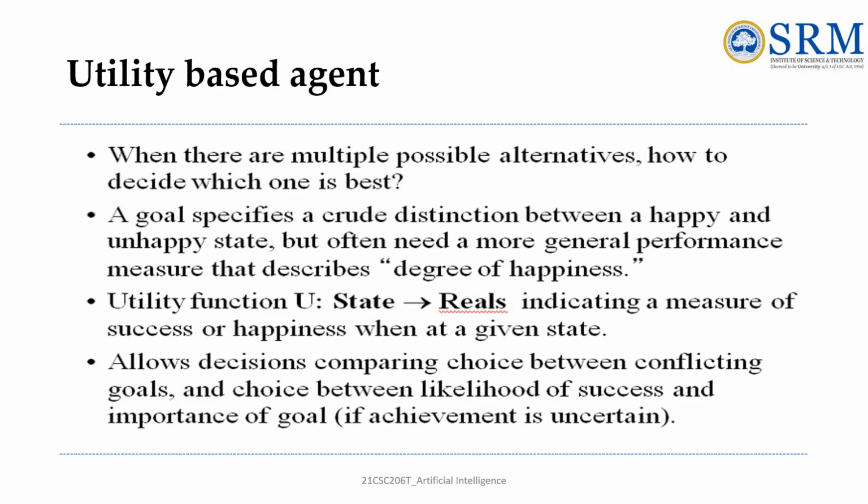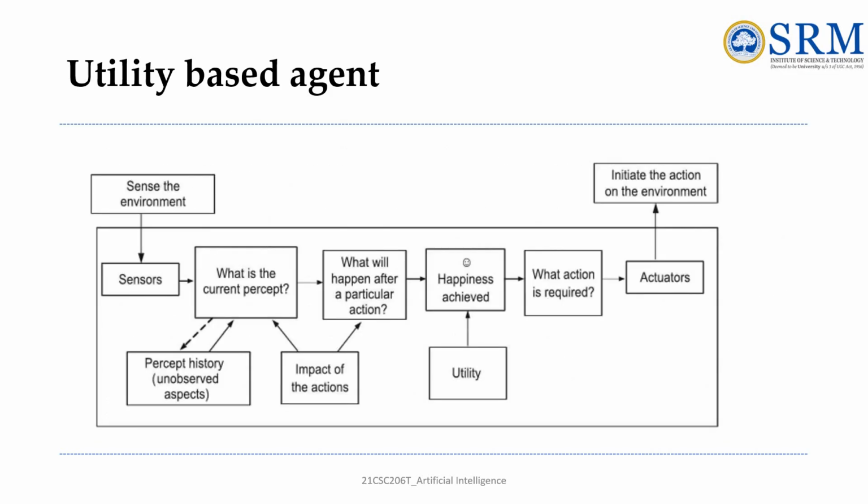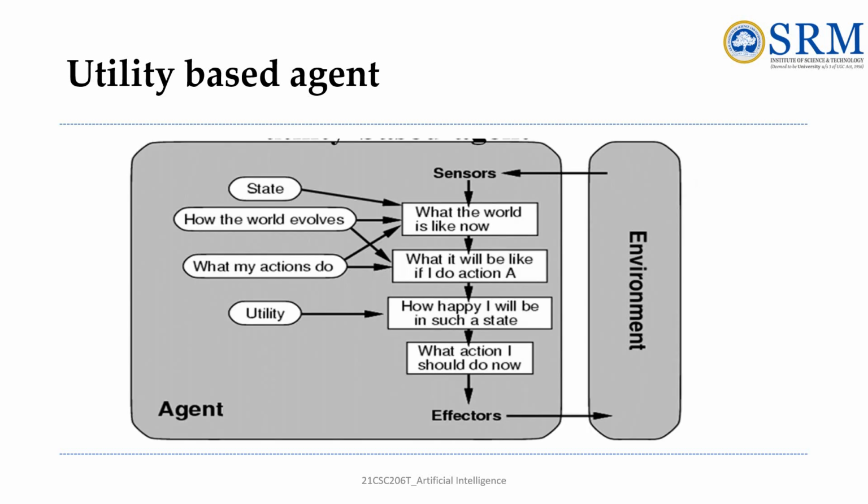Okay, so this kind of agent needs to predict the outcomes, evaluate them, choosing among alternatives. So utility based agent is not just rational, it is strategically optimal. Okay. So this is about the utility based agent.